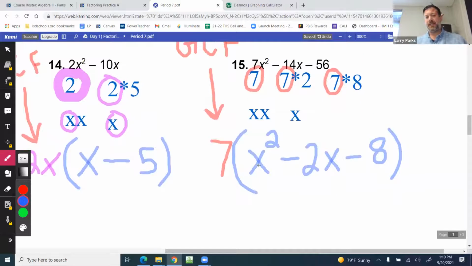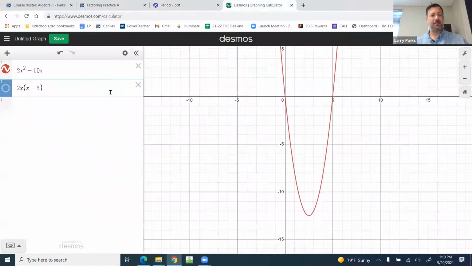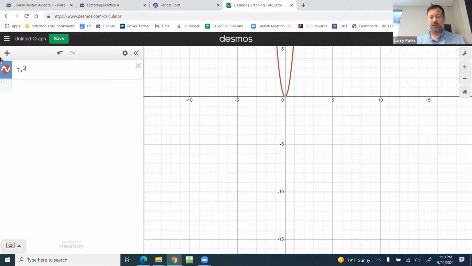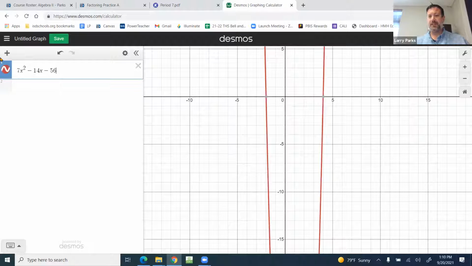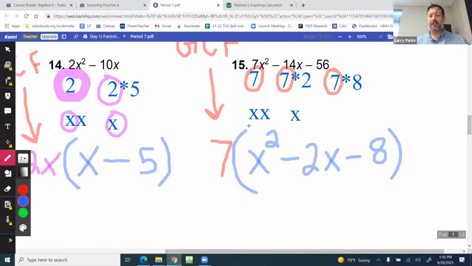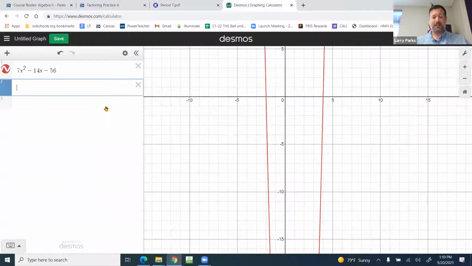Now, when I look at this, I have x squared, 2x, and 8. There is nothing in common between those three besides 1. Just to practice checking my work, I'm going to type this in. This is called standard form. 7x squared minus 14x minus 56. 7x squared minus 14x minus 56 looks like this. And then if I type this in, I should get the same thing. 7 times (x squared minus 2x minus 8).